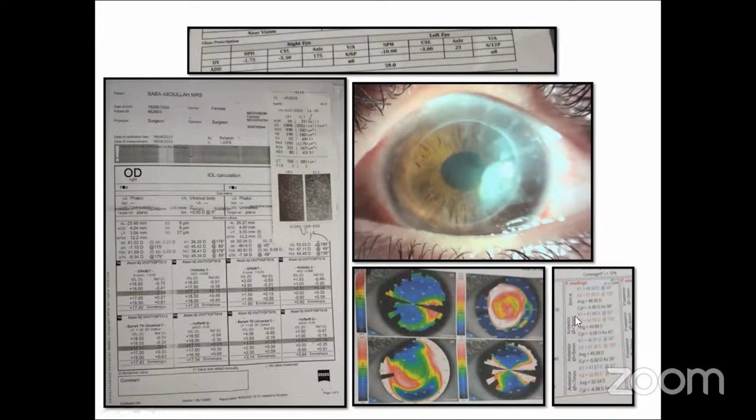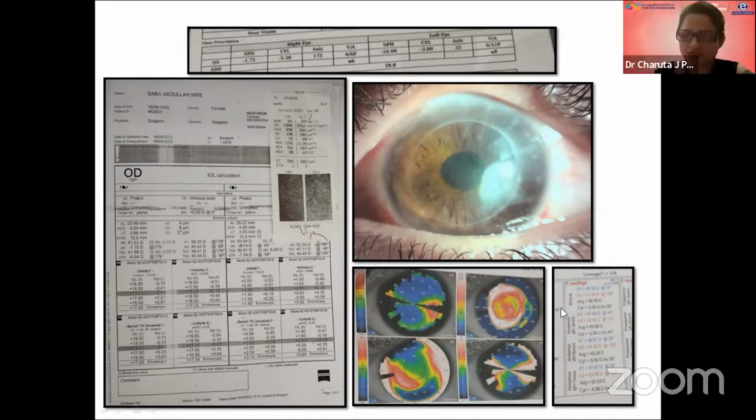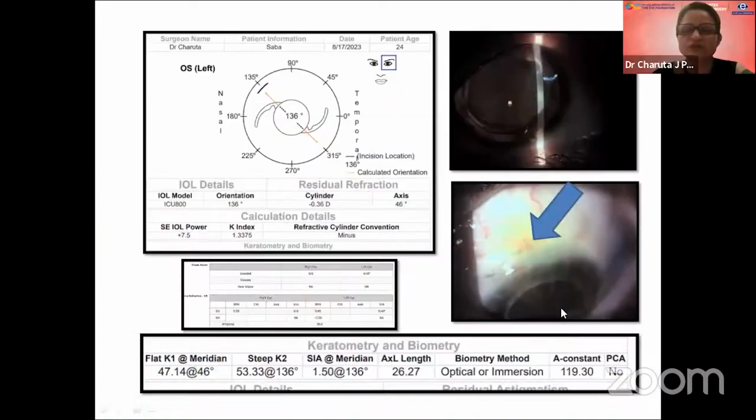Based on this value and the keratometry values that we had during refraction, we decided that the spherical equivalent power was somewhere between 2 and 10 because of the axial length, considering standard K and also the K that we took from the IOL Master. Therefore, a spherical equivalent power of +7.5 was taken in between. And we had obviously counseled the patient that she would have a refractive surprise.